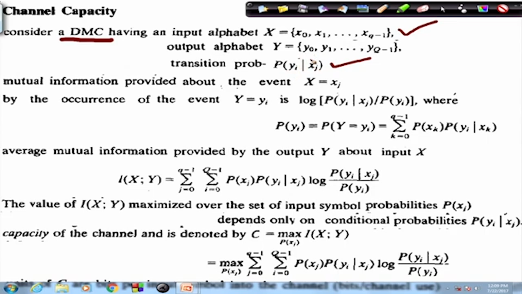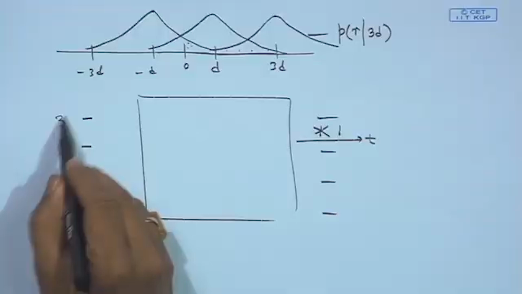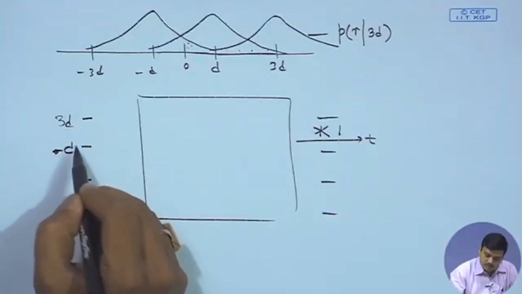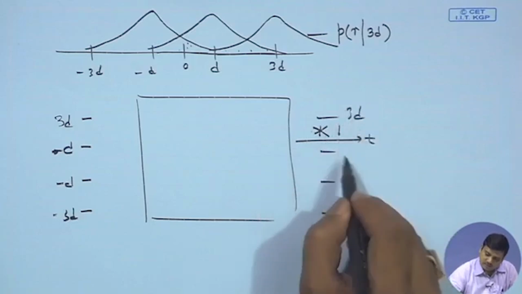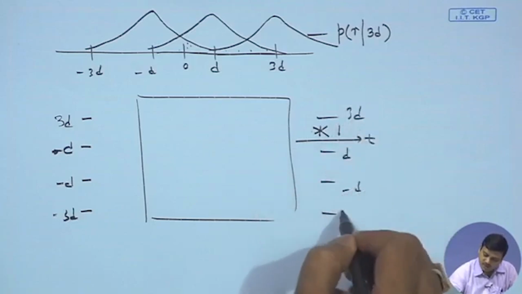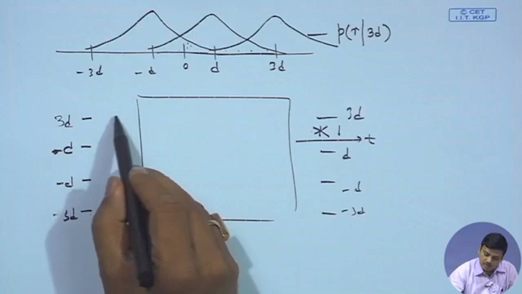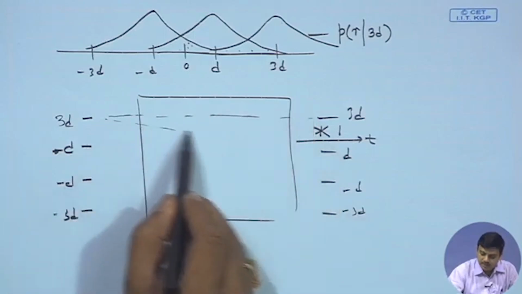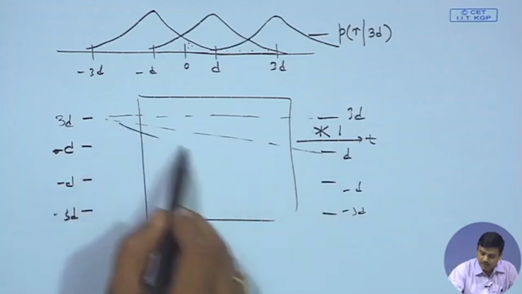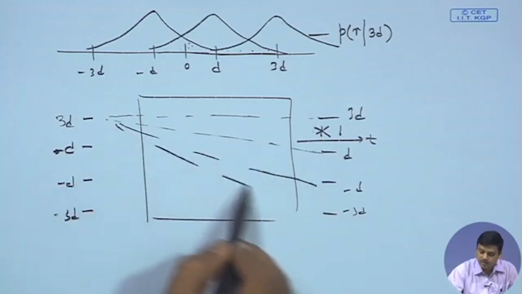Suppose I have 3D, D, minus D, minus 3D at the input, and here also we have 3D, D, minus D, minus 3D at the output. We are talking about the probability that 3D remains 3D, which is the probability of being correct, and the probabilities of being in error.